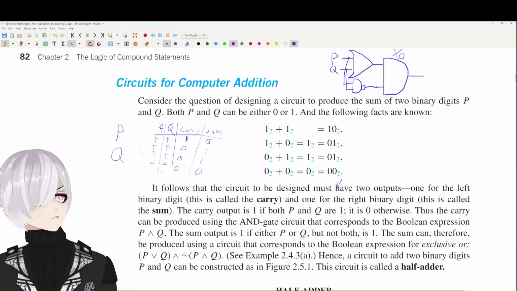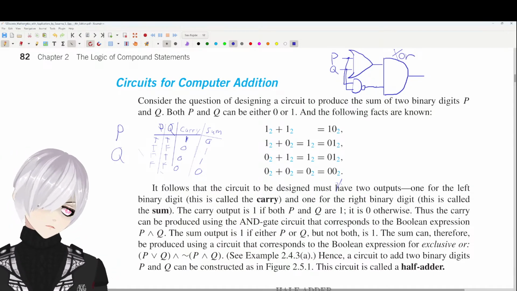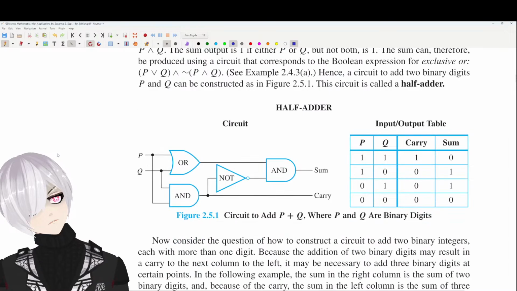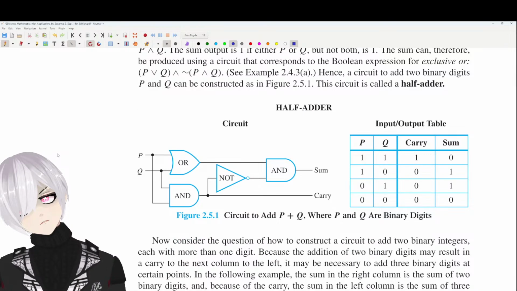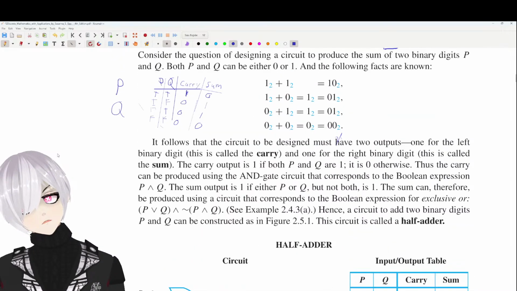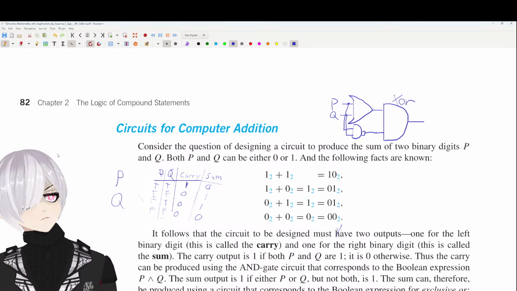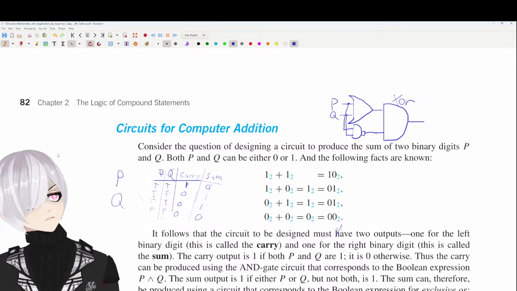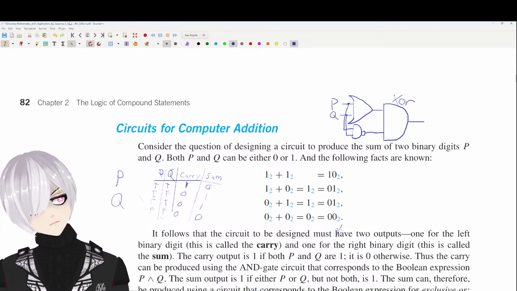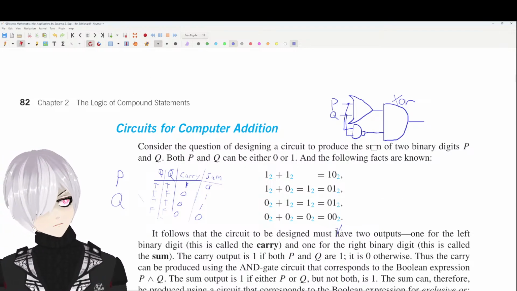Yeah, and then they illustrate it below as well. The one they have below puts out both outputs.